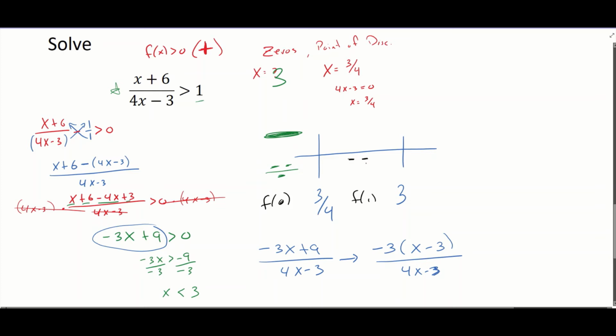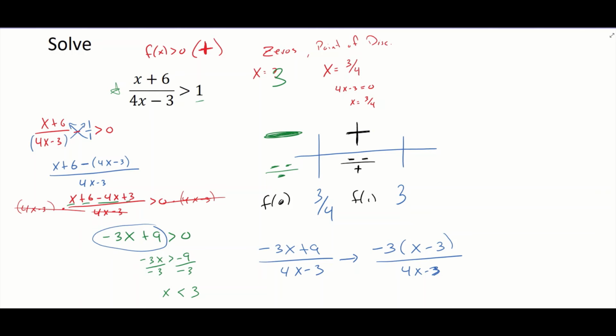We still have the negative in the front. And then for the denominator, that's 4 minus 3, which is 1, which is positive. And so in the numerator we have negative and negative, which is positive. So we have positive over positive, which is overall positive.